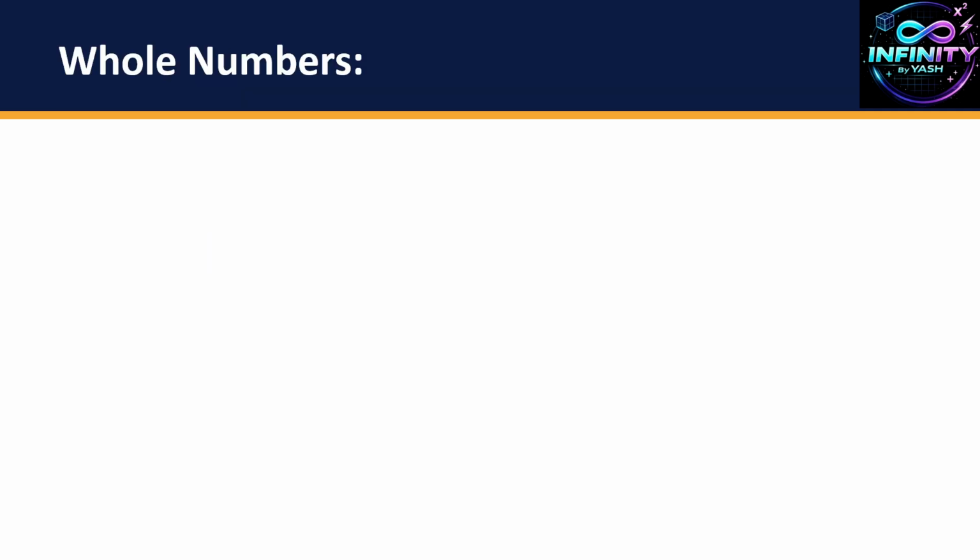Then we have whole numbers. What if there are no apples? To represent nothing, mathematicians introduced zero. So 0, 1, 2, 3, 4, etc. form the whole numbers. Means all the natural numbers along with 0 form the whole numbers, and whole numbers are represented by the letter W.